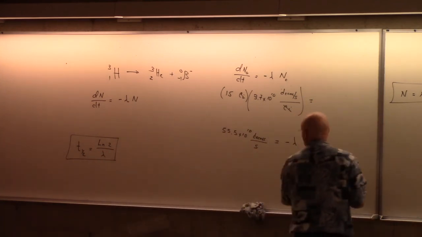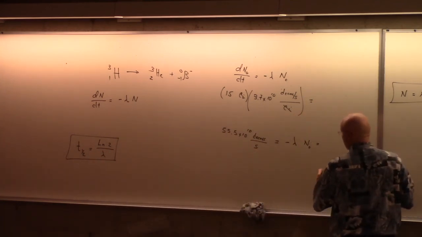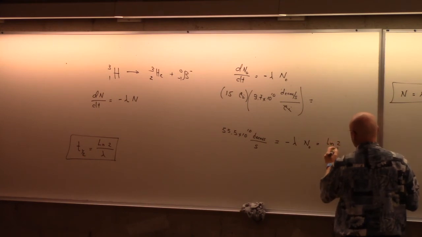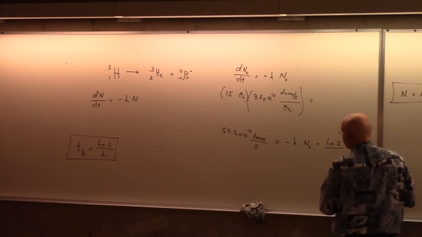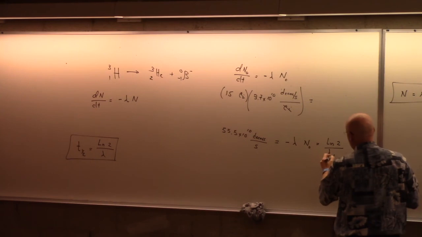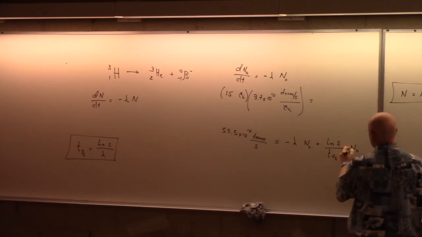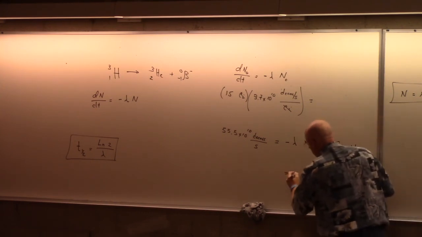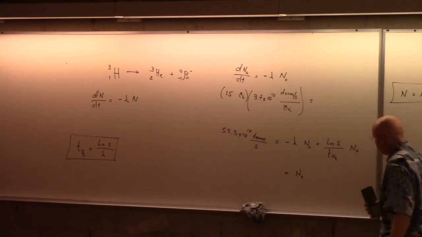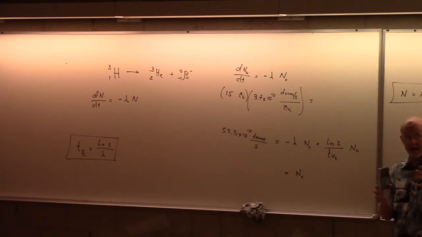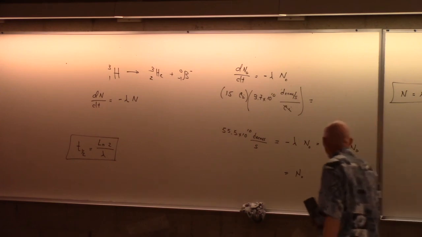So this would be natural log of 2 over its half-life times the number. I'm getting where I want to be, and that is how many atoms do I have to start with.